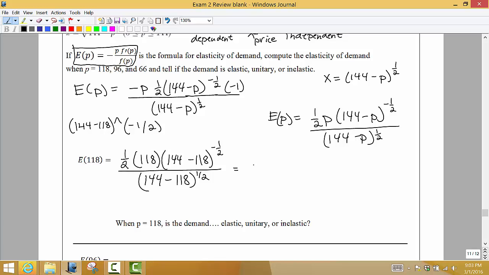When I type that in, I get 2.269. I'm going to round to the nearest 3 decimal places here. So what does that tell me? We said that if the number we get from our formula is greater than 1, then we will have elastic demand.